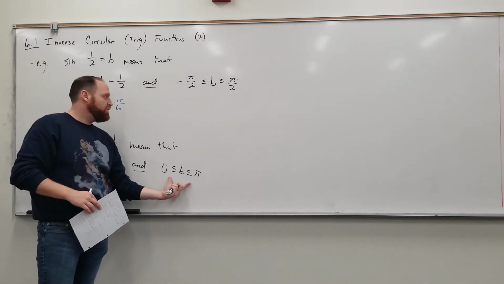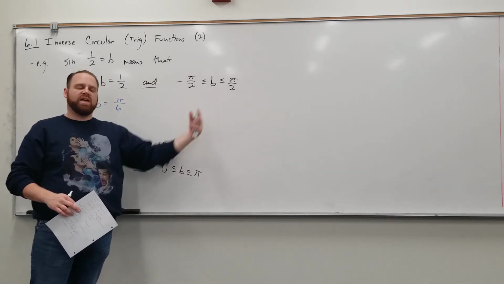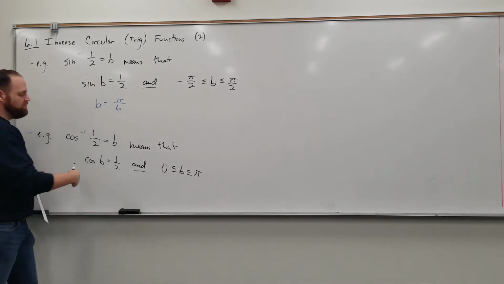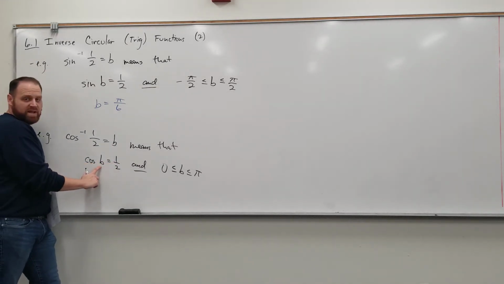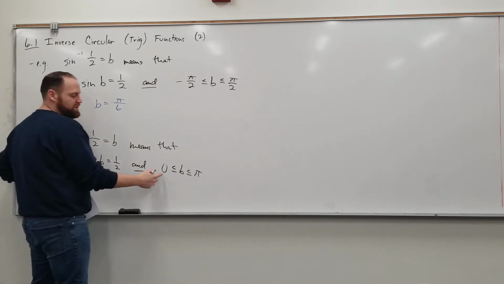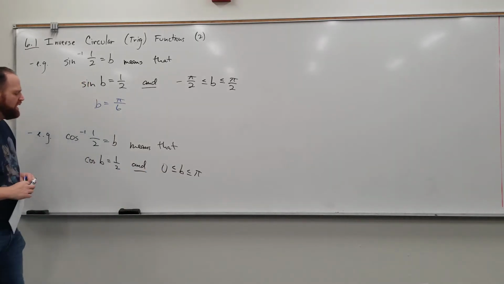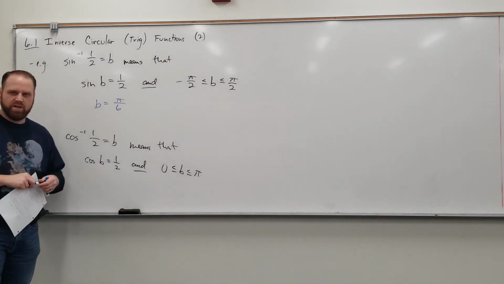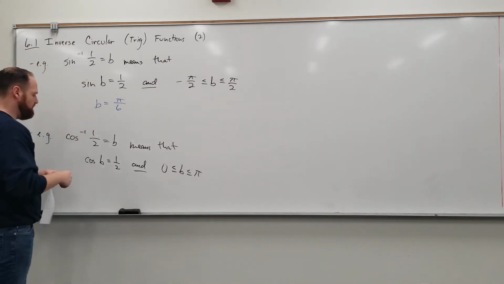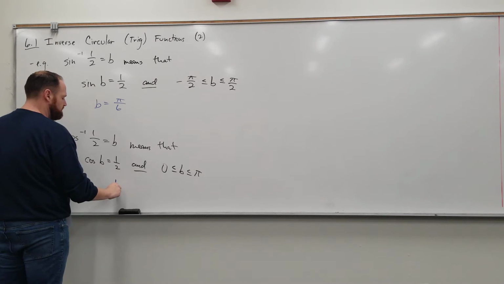This is the restriction for cosine. This is the restriction for sine. But again, only one angle. There are infinitely many angles b such that cosine of b is 1/2, but only one of them lives between 0 and pi. And that one would be pi over 3, right? So b would have to equal pi over 3 in this case.